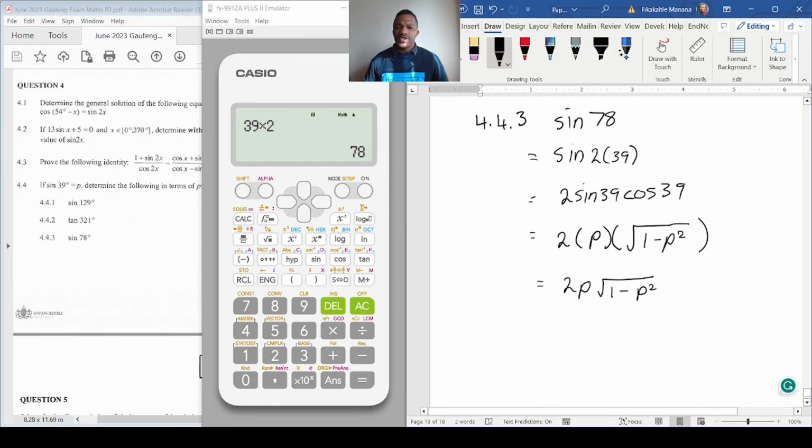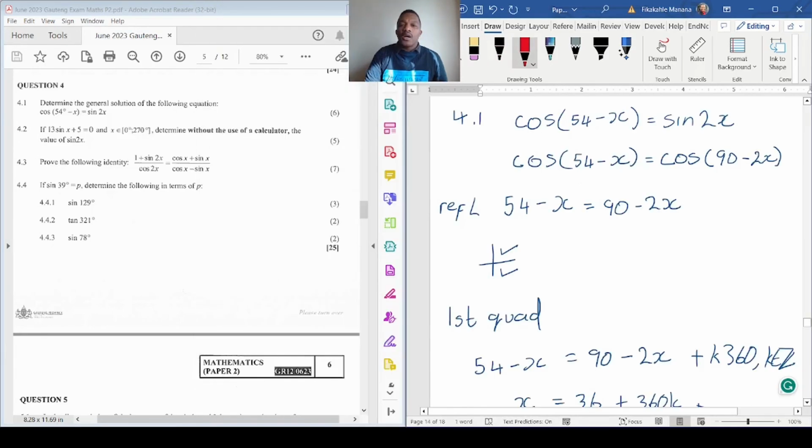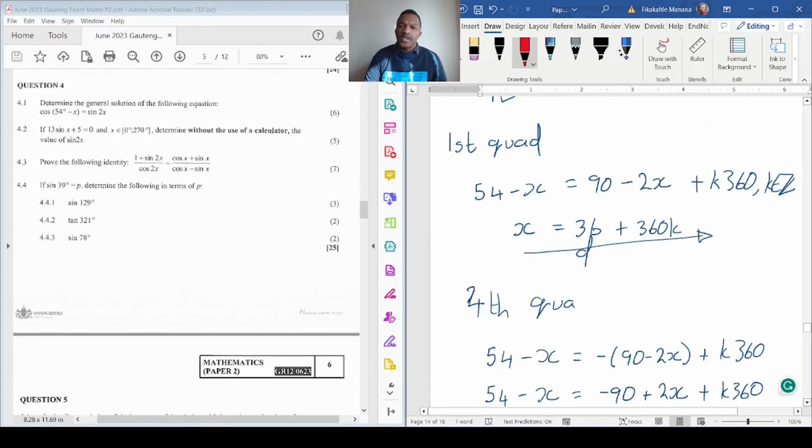That's the final question. Let me just circle back. Let's do the marks. 4.1 was a 6-mark question. First mark is to expand this co-ratio, 1 mark. Reference angle, 2 marks. Working with the first quadrant, and the answer there, 3.